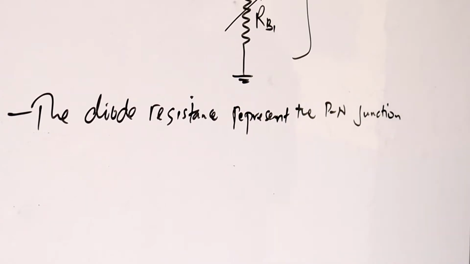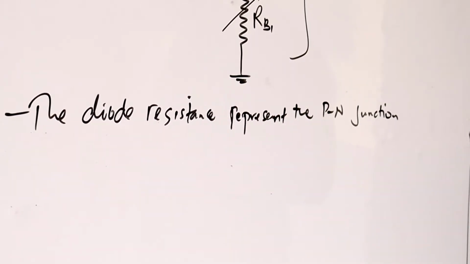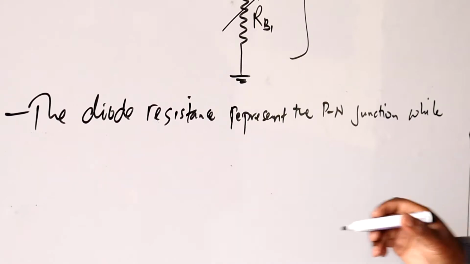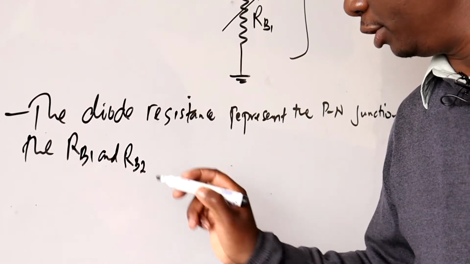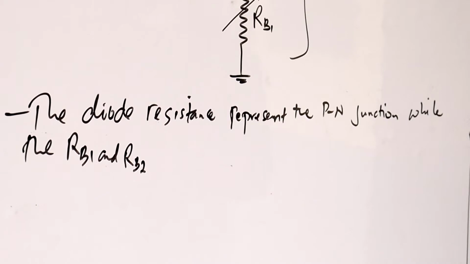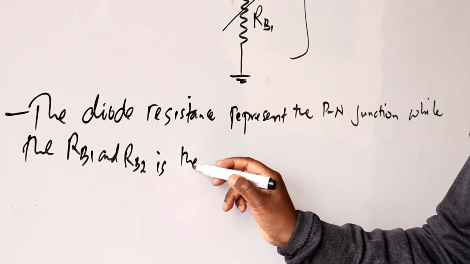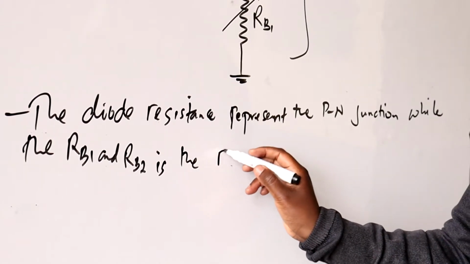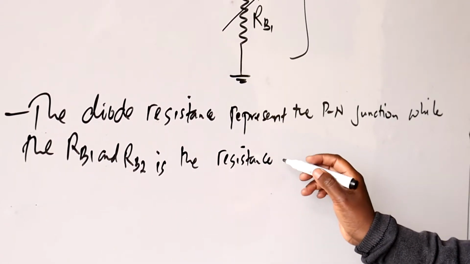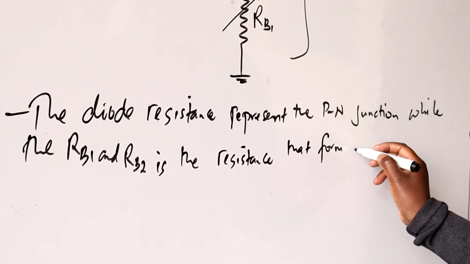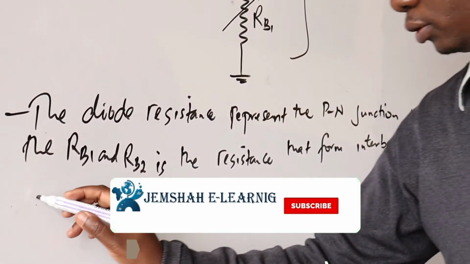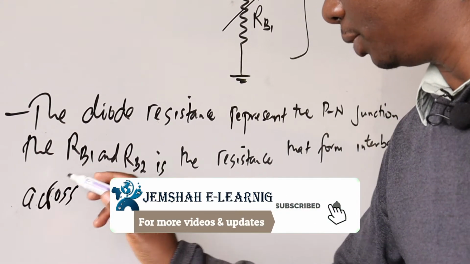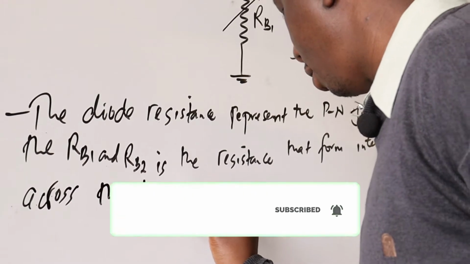The diode represents the PN junction, while the resistances RB1 and RB2 form the interbase resistance across the terminals.